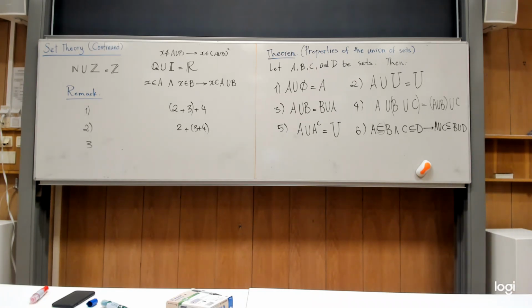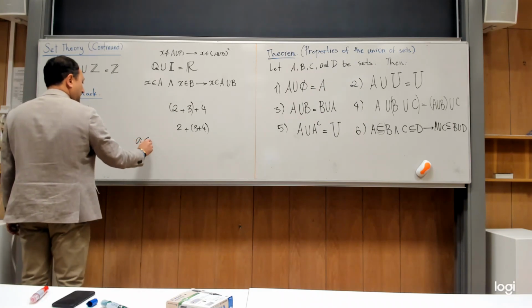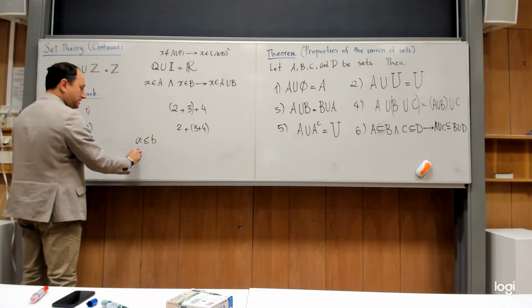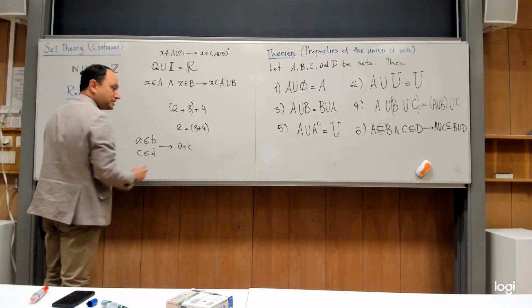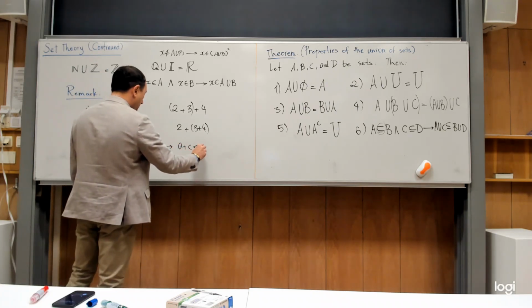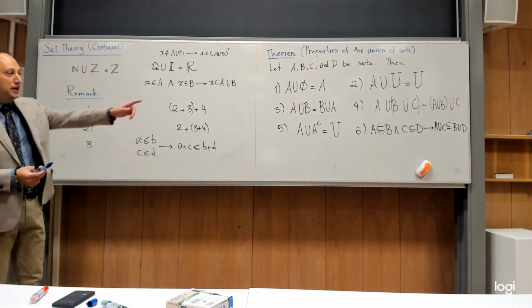Smaller than or equal. Okay, now what does it tell? In numbers, is it correct that if A is smaller than or equal to B and C is smaller than or equal to D, I can conclude that A plus C is smaller than or equal to B plus D? So this is comparable to this.